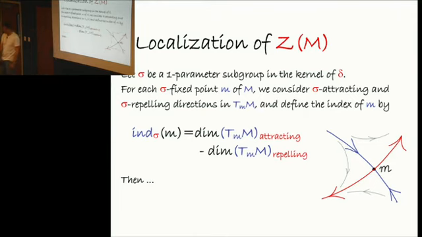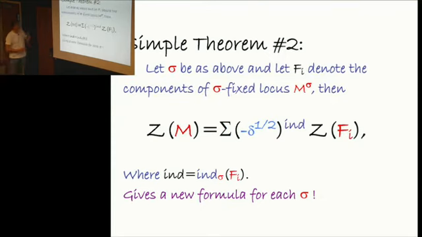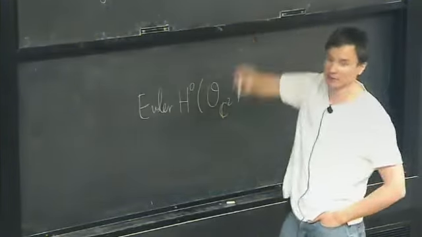And this index goes in the localization formula. Let F_i be the components of the fixed locus, which may not be isolated. First of all, if sigma composed with delta is 1, it means the action of sigma preserves the holomorphic three-form.